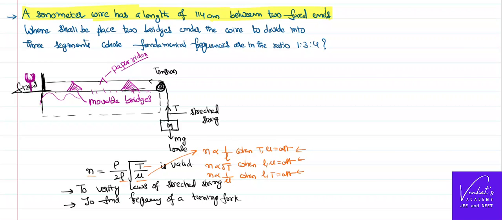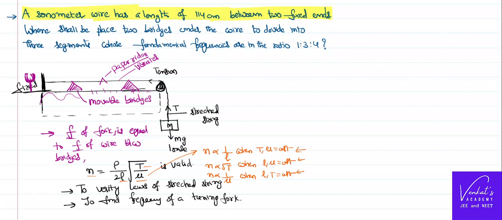So in principle, when f of fork is equal to f of wire between the bridges, the frequencies are equal, they are in resonance, therefore the wire vibrates a lot and the paper rider falls off.